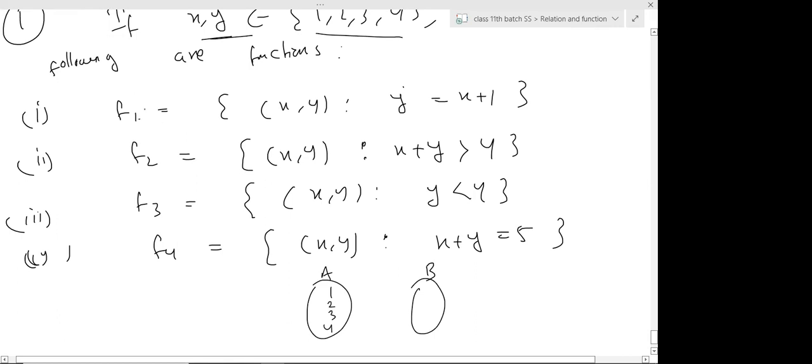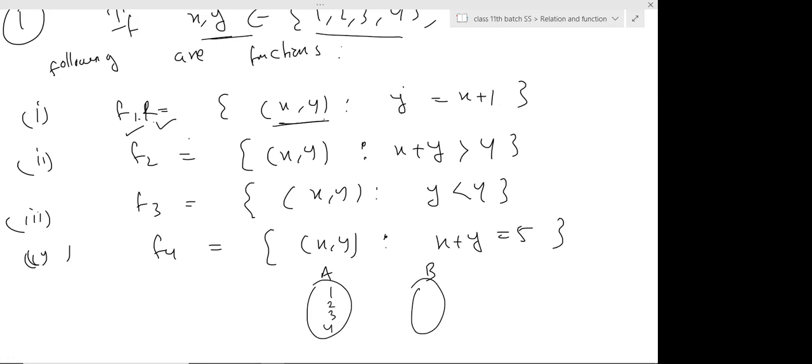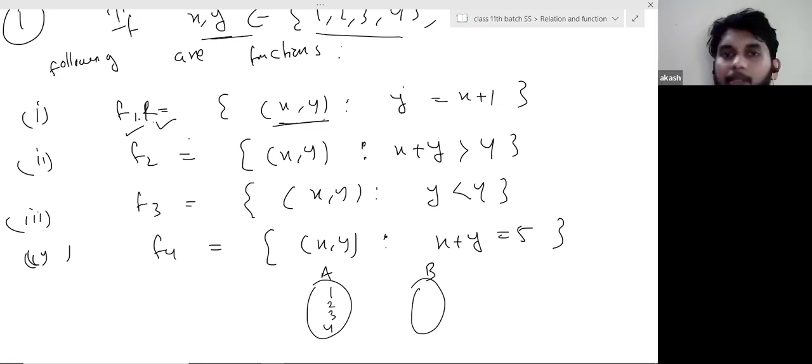If I replace this f with r, this is saying r is the relation of all ordered pairs (x, y), where y equals x plus 1, right? The same thing is written. I just replaced r with f, right, Fahad?